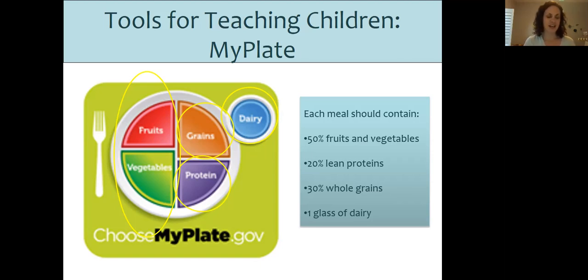Again, this is all relative and depends on how much energy you've expended and how hungry you are. But a good frame of reference is to take the size of the child's palm, the inside of their hand, and use that as their serving size.